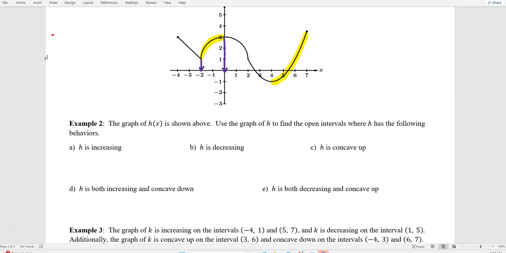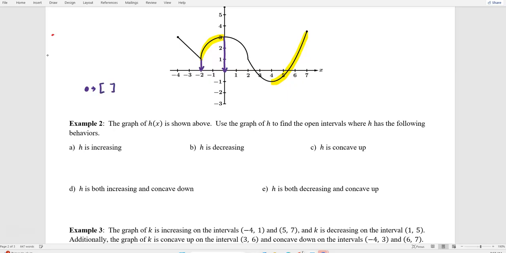You have 2 options on your notation. You need to know both of these. I don't care which one you use, but you need to recognize both because they might give it to you either way on the exam. So one option is interval notation. In interval notation, if you want a closed circle, you're going to use brackets.